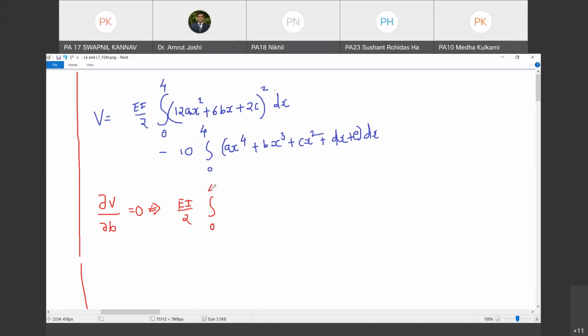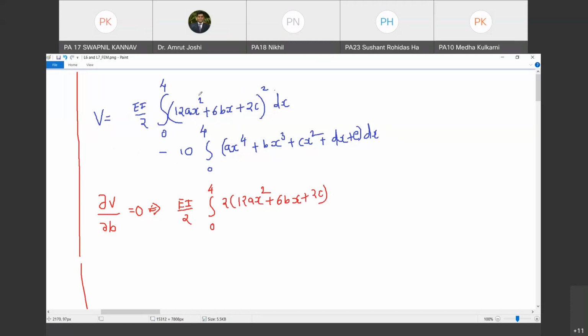Integration 0 to 4. When I take the differentiation of this term with reference to b, this 2 is going to come here. You are going to have this 12ax square plus 6bx plus 2c as it is, multiplied by the differentiation of this inner polynomial with reference to b.